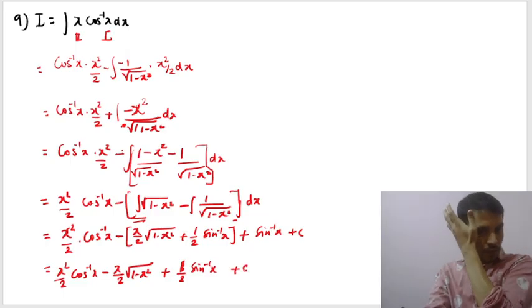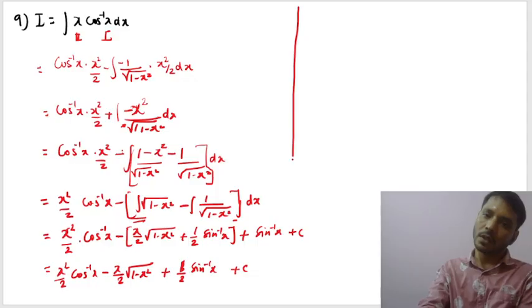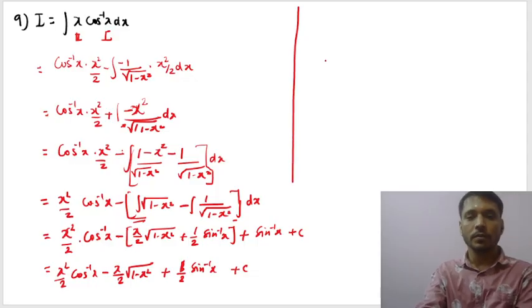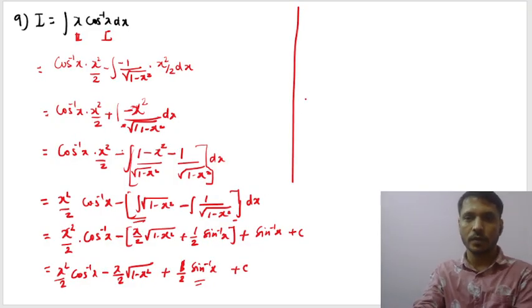This is also an answer, but we can convert the sine inverse in terms of the cos inverse. For that, what we need to do? Here we need to just apply the trigonometric concept. We can write this sine inverse x is equal to pi by 2 minus cos inverse x. Over here we have the identity from the inverse trigonometric, so that we will apply here.